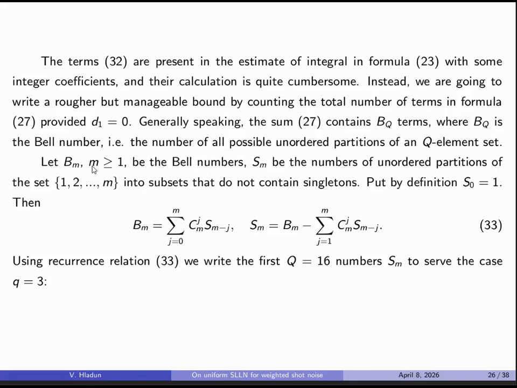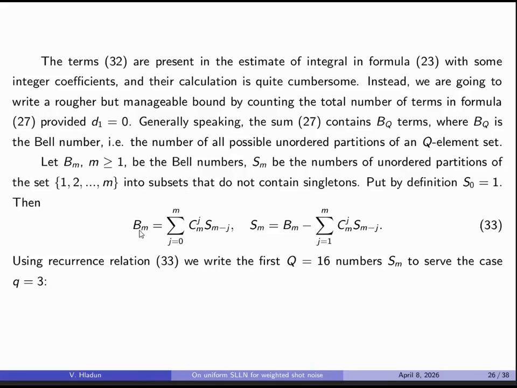Let B_m, where m is greater than or equal to 1, be the Bell numbers, and S_m be the number of unordered partitions of the set 1, 2, up to m into subsets that do not contain singletons.